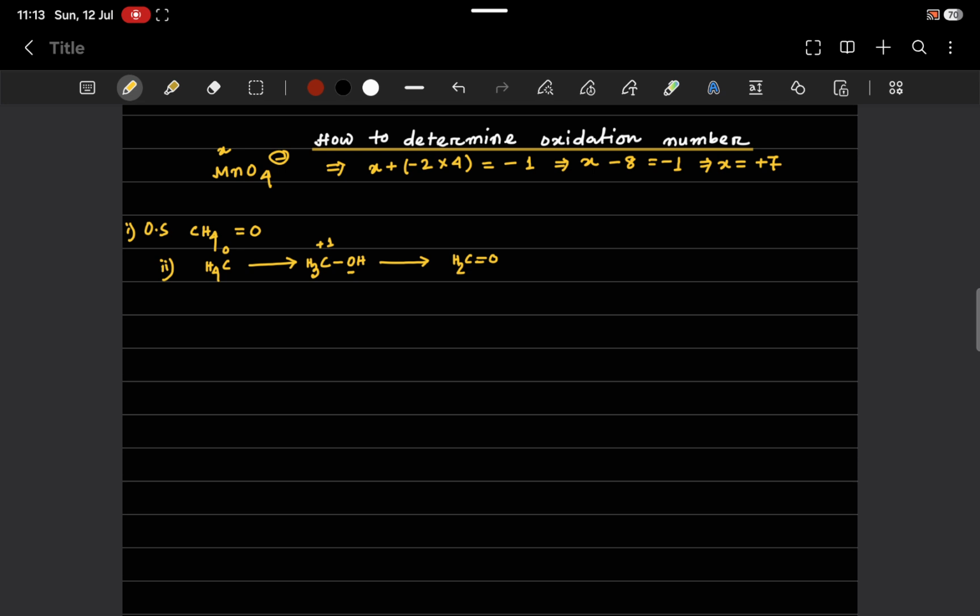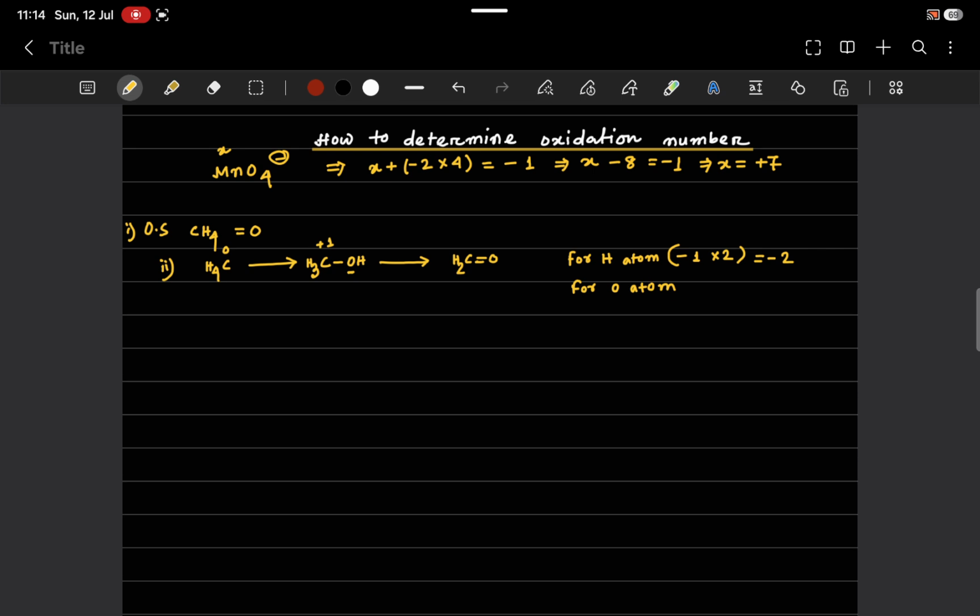The rule is, when carbon is attached to hydrogen atoms, then for the two hydrogen atoms, -1 into 2, that is -2, and for the oxygen atom, how can we find out the oxidation number?